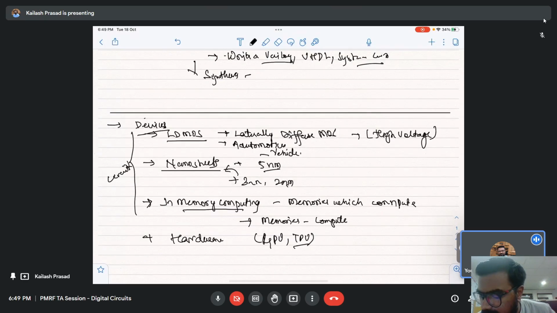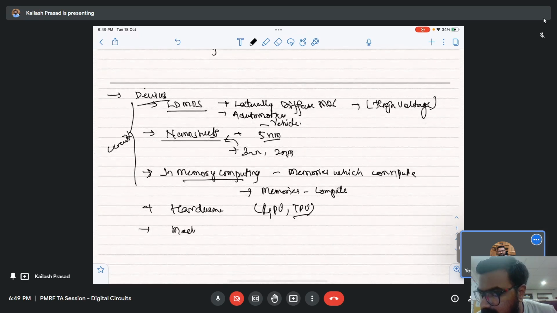Apart from that, all the hardware we are designing is for machine learning applications, because machine learning is changing the world, everybody knows, right? You want to design hardware which can run these machine learning algorithms. That is the reason why we are designing hardware which can do very high machine learning processing.